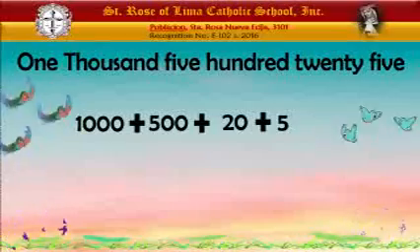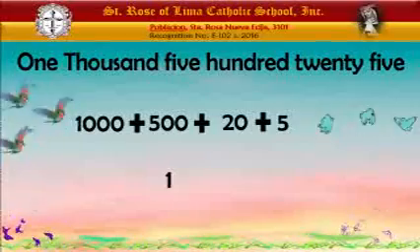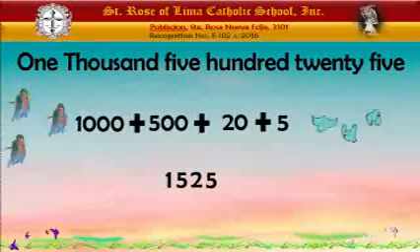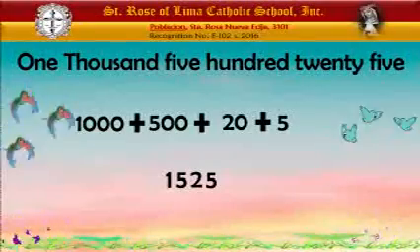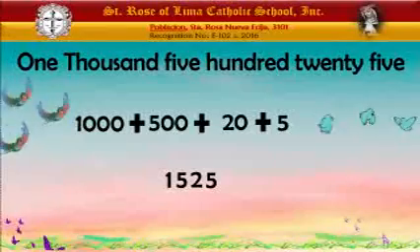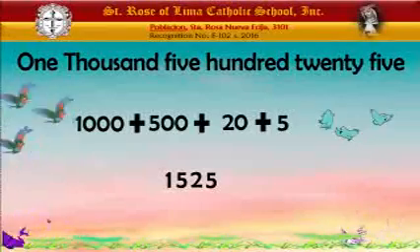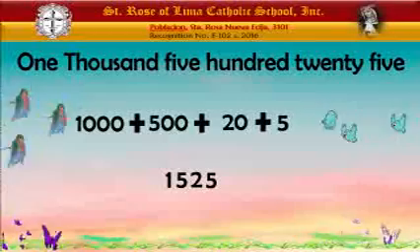So if we combine these numbers, we will come up with 1, 5, 2, 5. And we read this as 1525.